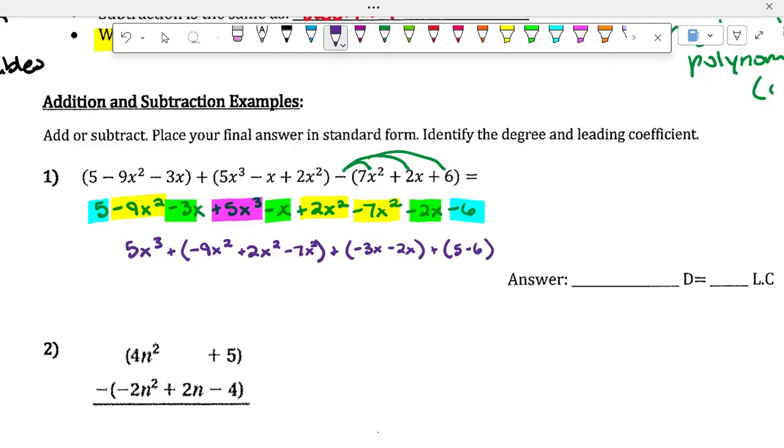Now, do you need to do this step every time? Not necessarily. I'm just doing it for this one so you can see how we're actually combining. If you actually look, I grouped it all by color. Here's my pink. Here's my yellow. Here's my green. And here's my blue. Oops, I forgot an x. Hold on.